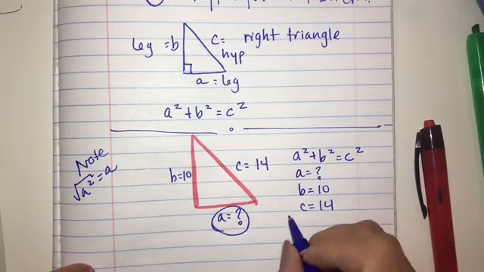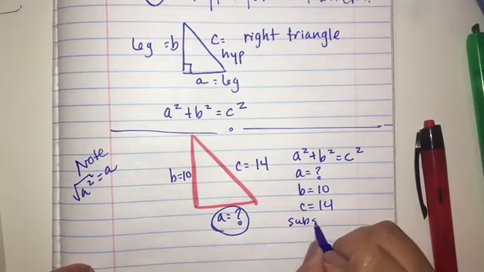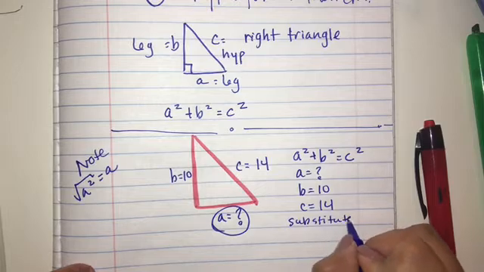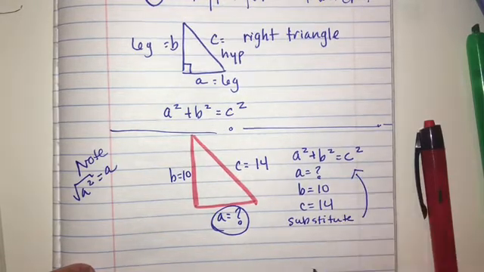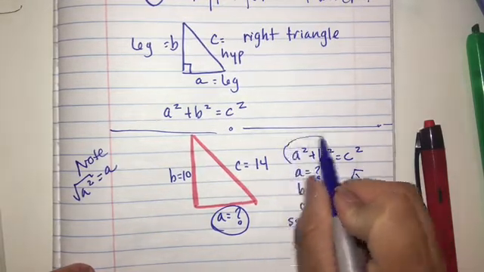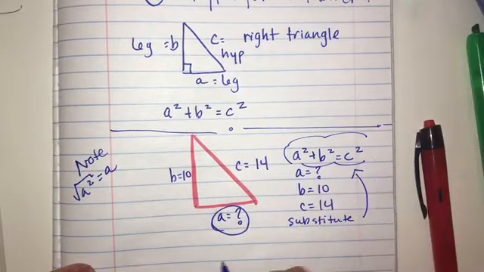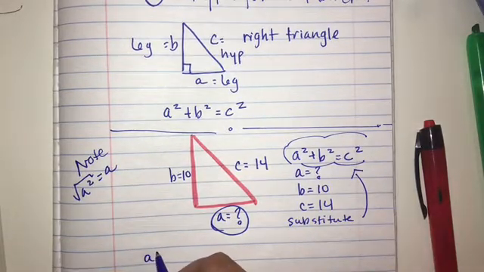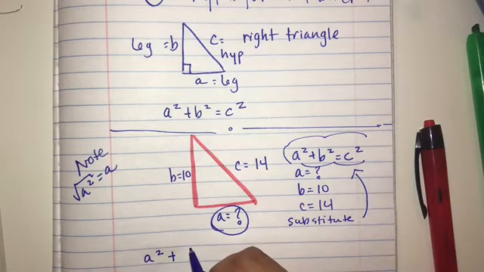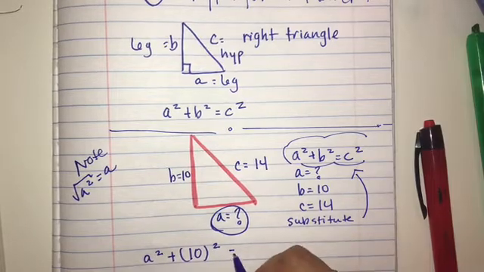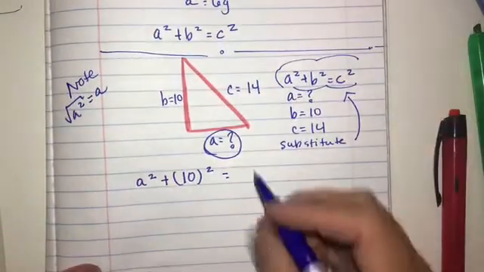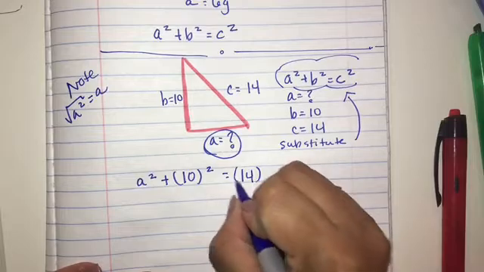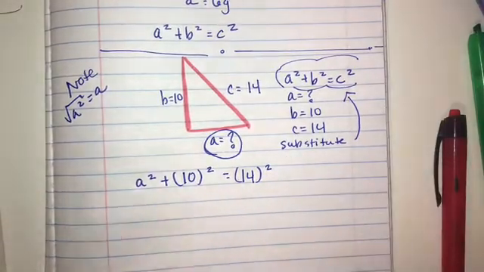So now we're going to substitute into the Pythagorean theorem. So I'm going to have a squared, because I don't know what it is, plus b squared, which is 10, put parentheses around it, equals 14 squared, which is equivalent to c.